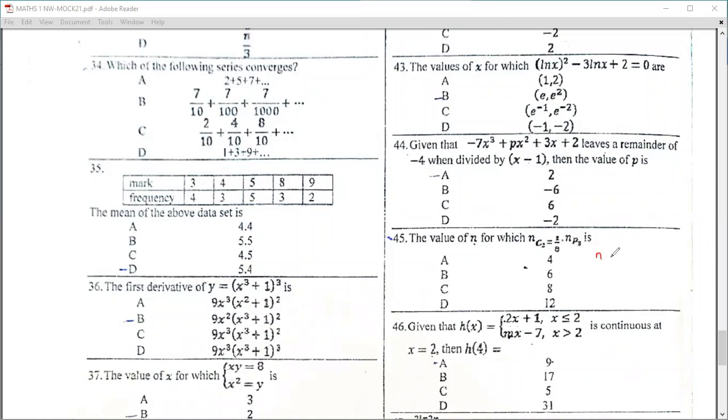n combination 2 is equal to n over 8 times n permutation 3. So this is what we have.